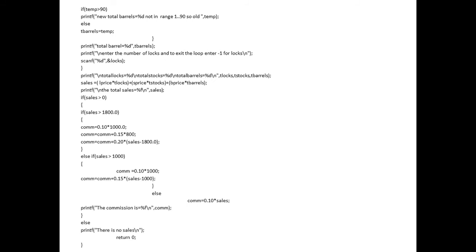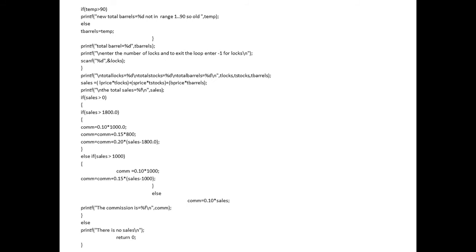And if it is above 1800, then commission plus 20%. Why are you subtracting this? Because sales minus 1800, as I told, if it is above 1800, we are not calculating for the total 1800. The first 1000 we will take, and after that the next 800.